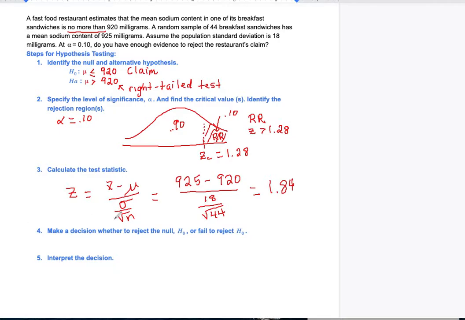When we make a decision whether to reject the null or fail to reject, we consider the location of our test statistic. Our test statistic 1.84 is located in the rejection region, which is to the right of 1.28. Since our z is greater than 1.28, it is in the rejection region, which means we will reject the null hypothesis.